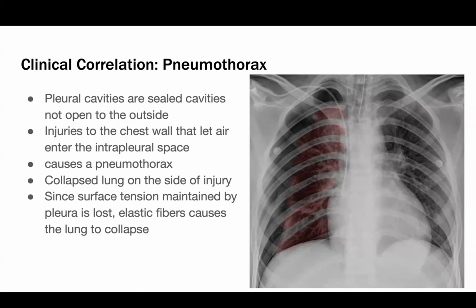Now, normally your lung is supposed to occupy the entirety of the particular lateral half of your rib cage. So on this individual over here, you can see the lung on the left is full. It's good, it's normal. This is how you expect it to be.